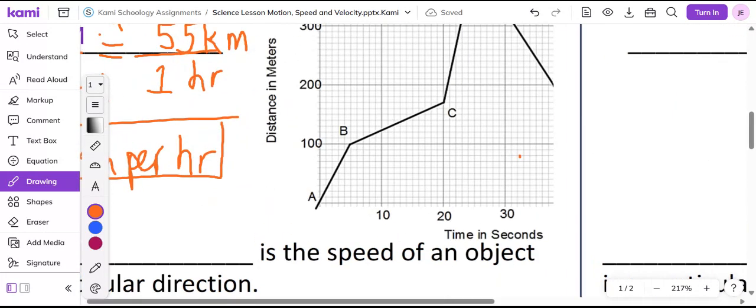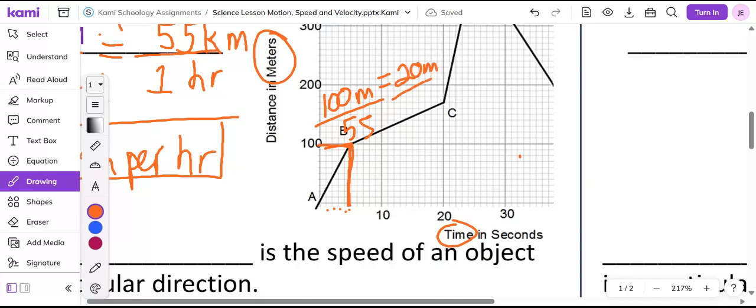We can also take a look at a graph. So we have time and meters. In this particular relationship, we have 100 meters over 1, 2, 3, 4, 5 seconds. So at this point in the graph, the speed is 100 divided by 5, so that would be 20 meters per second.